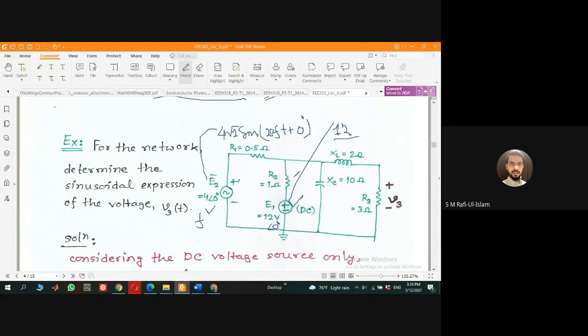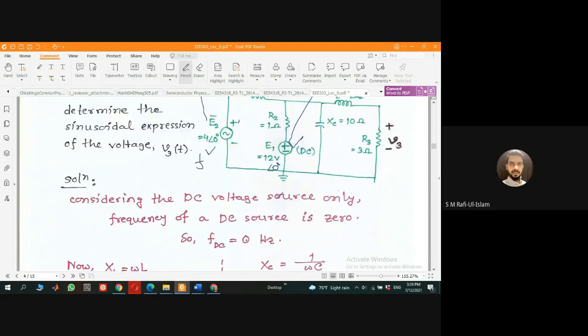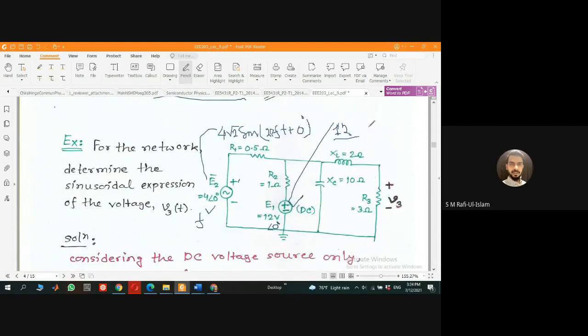If this is 12, is it having a frequency? Hypothetically, that frequency is 0. Yes, you are right, there is no frequency. But since we are trying to say what will happen if we have two different frequencies, we now have a practice problem that can be explained through this.